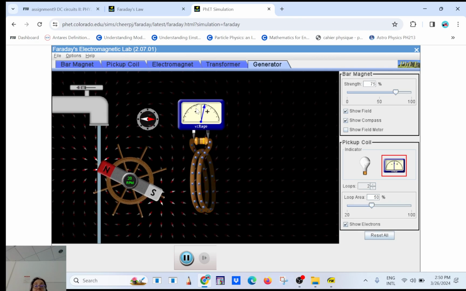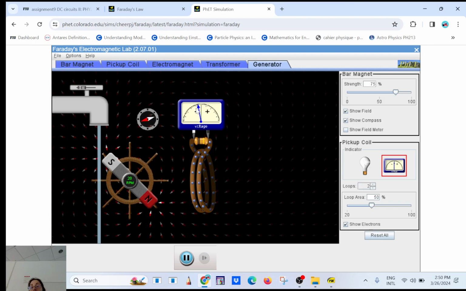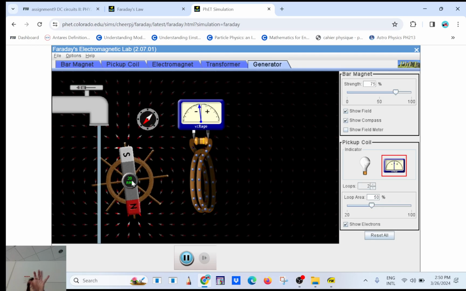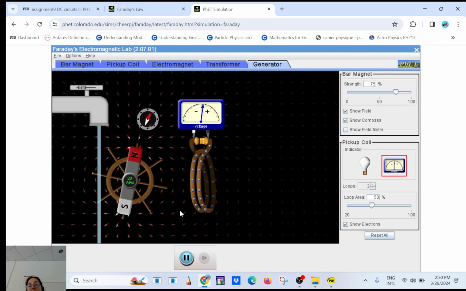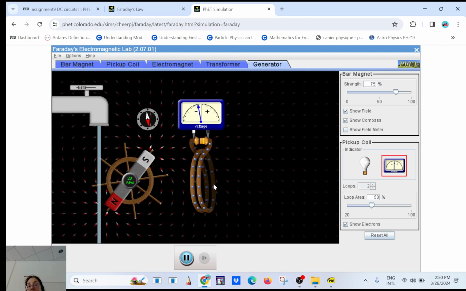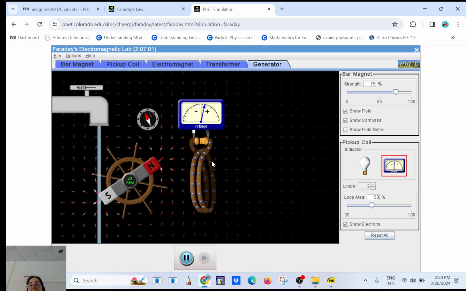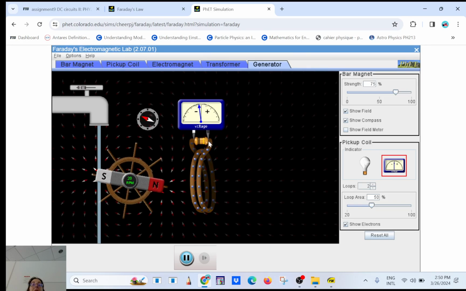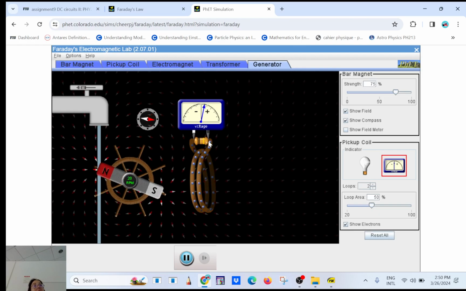AC. So if you have a power plant, that part here will be called the rotor, so something has to spin. This one is called the stator, because it's not moving, and then that will be connected to your house. So that's how we get electricity. So something has to move.